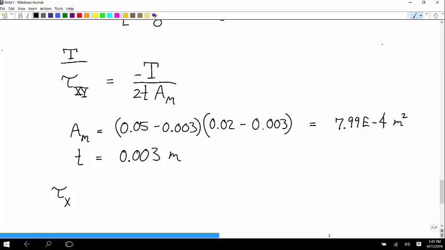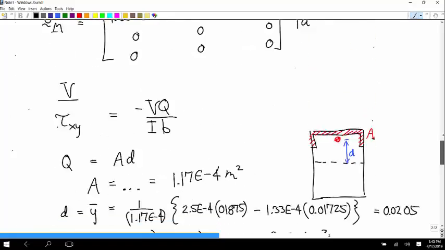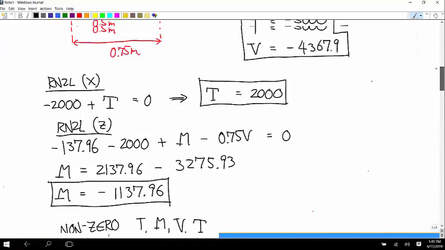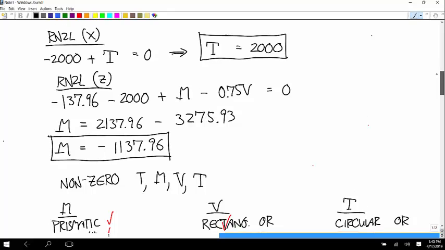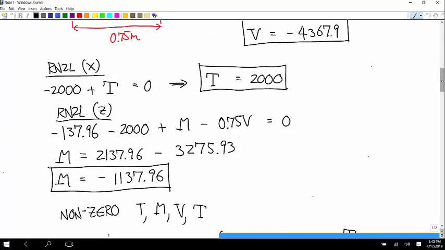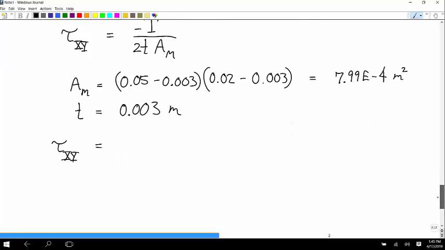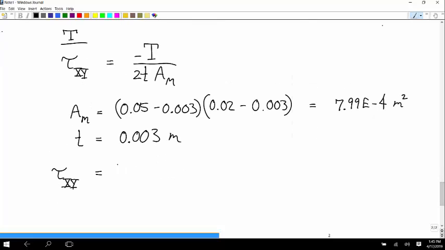And so in the capital coordinate system, the temporary coordinate system, our torque is positive 2,000. So this is negative 2,000 divided by 2 times 0.003 times 7.99 times 10 to the minus fourth.